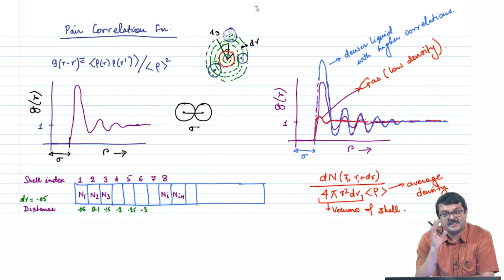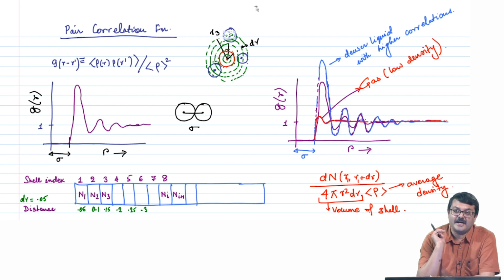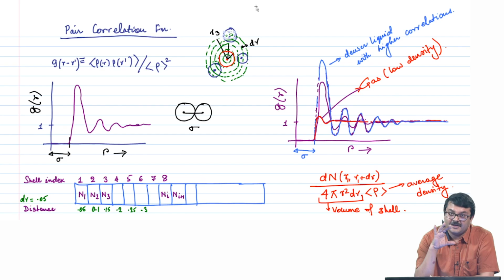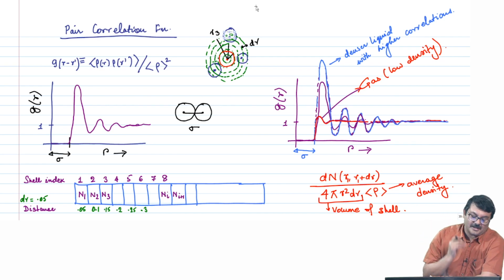And assuming it has reached equilibrium, you can calculate the pair correlation function, and it will give you the average number of particles that you find at a distance r on an average from any particle. It is basically telling you the distribution of neighbors around any particle.